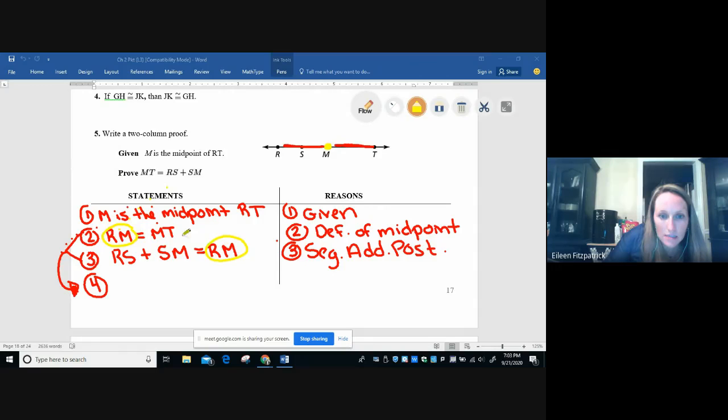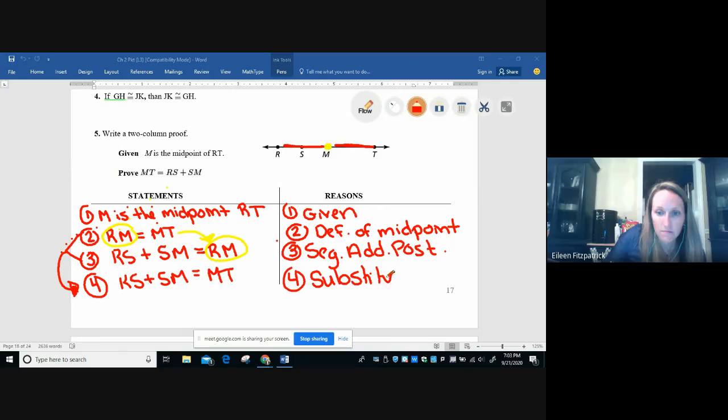So can I replace this RM with what it's equal to? I'm going to write RS plus SM is equal to, instead of RM, MT. And that is substitution, or you could take the transitive property as well.